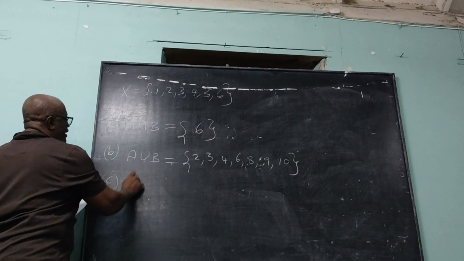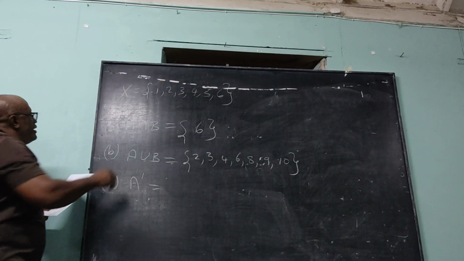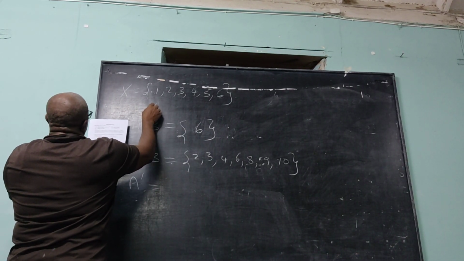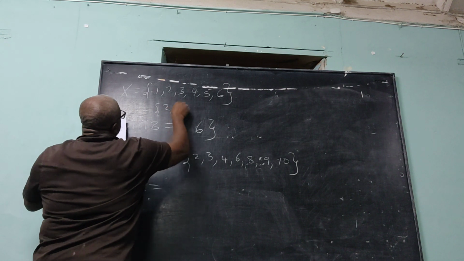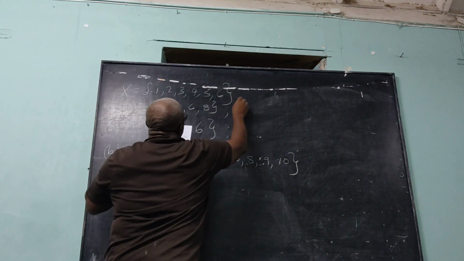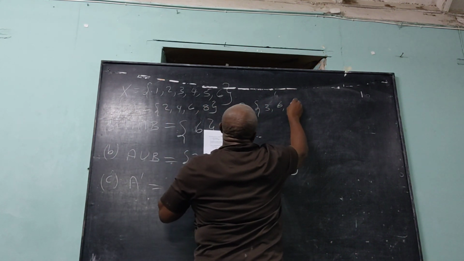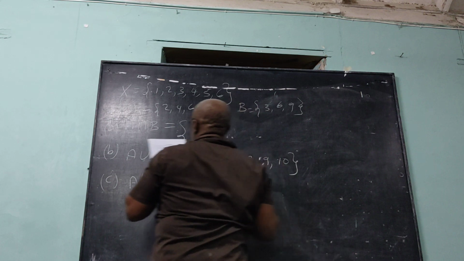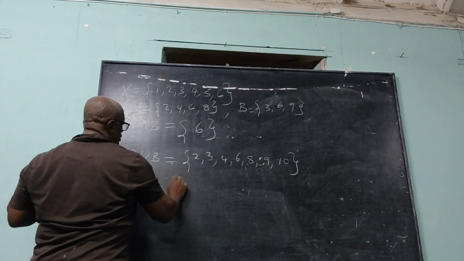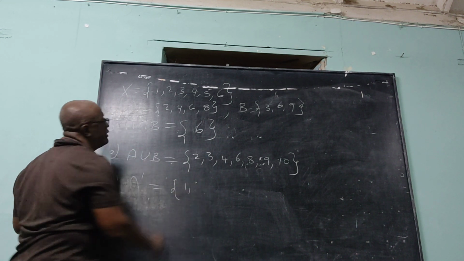Now C asks for a complement. Those that are outside of A. Let me write up A and B. Alright, so tell me. A complement. 1.